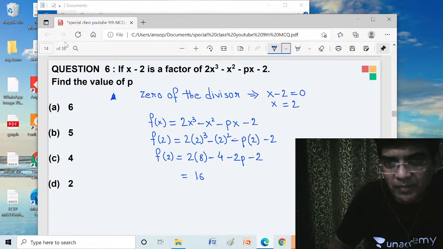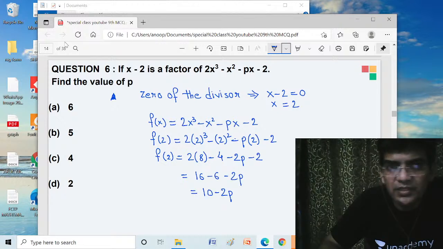Now as the question says that x minus 2 is a factor, we can write that the divisor x minus 2 is a factor. Therefore, the remainder should be equal to 0.